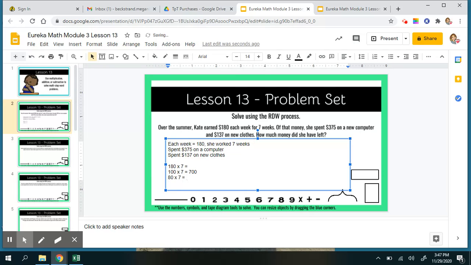Well, 8 times 7 is 56. We'll add our 0 back in. So 700 plus 560 is going to give us our total of how much she earned.